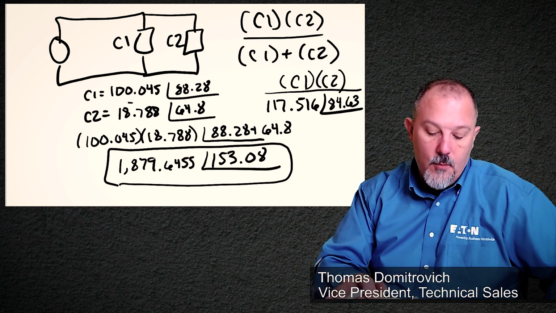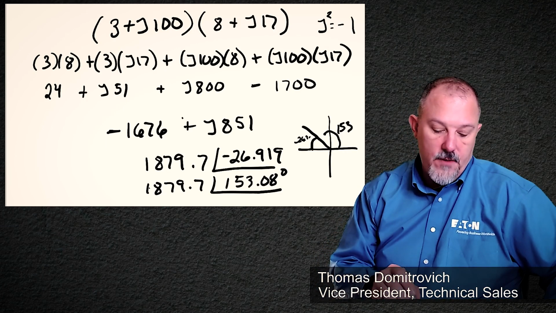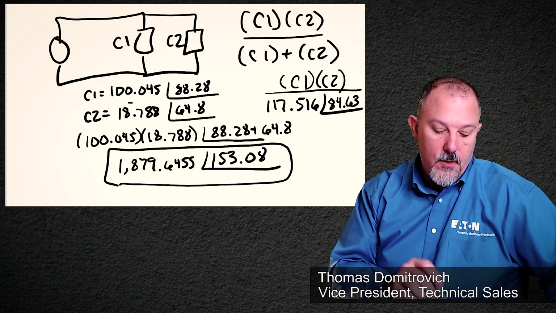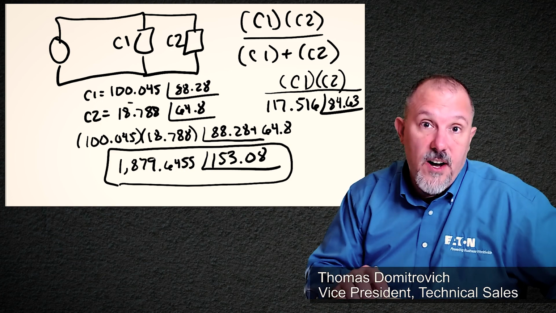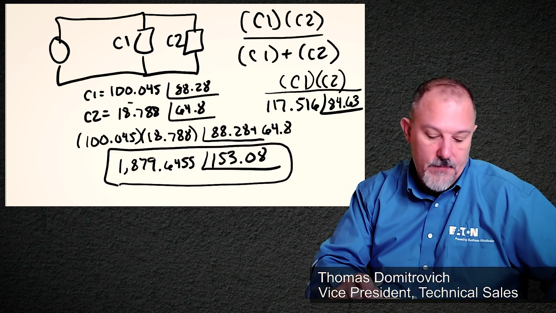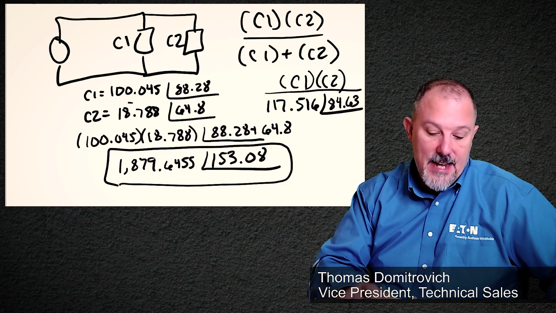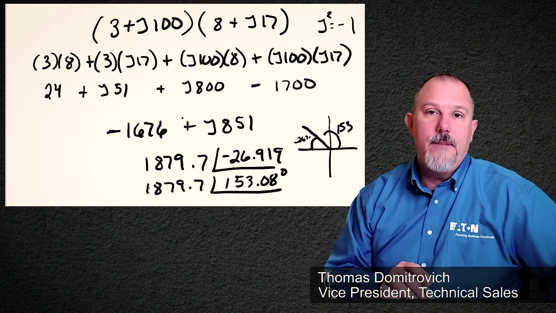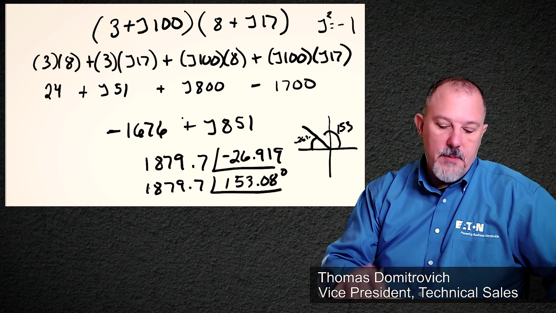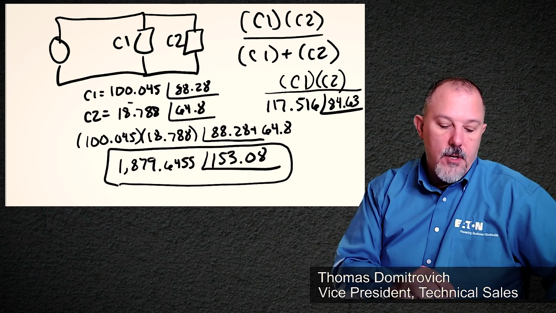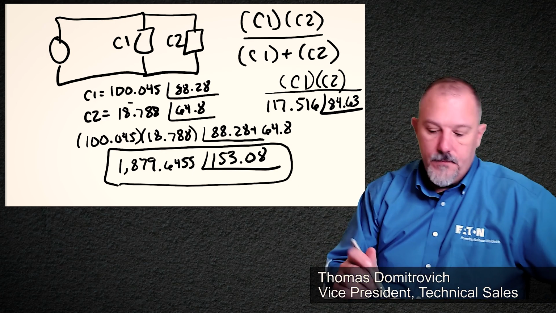Now, what was our other answer? 1879.6455 at an angle of 153.08. There's your 1879.7, 1879.64, about 0.05 off. So my numbers came out the same, but this is the long way to do it. Using polar coordinates lets me simply multiply the magnitudes and add the angles. So let's do this.